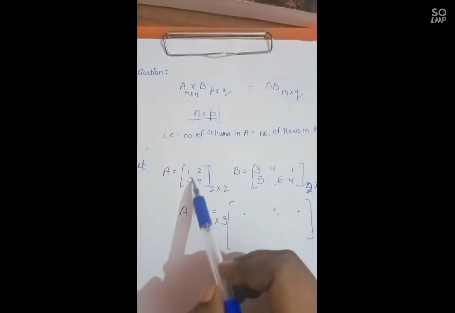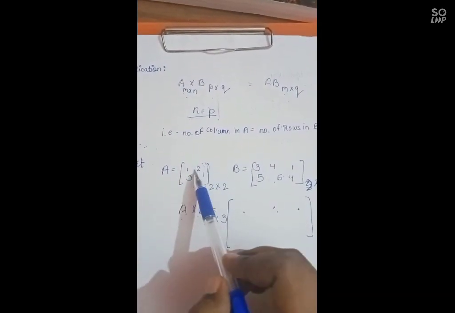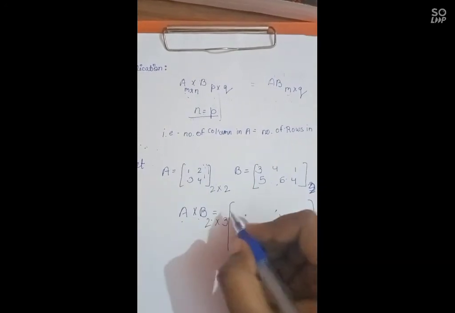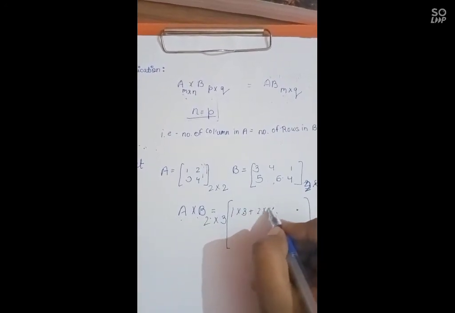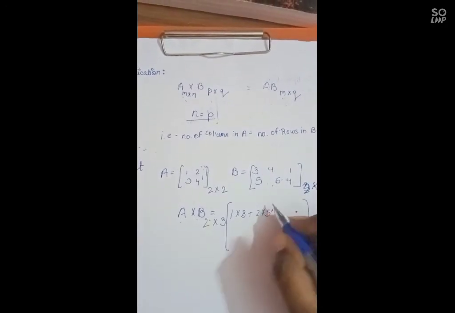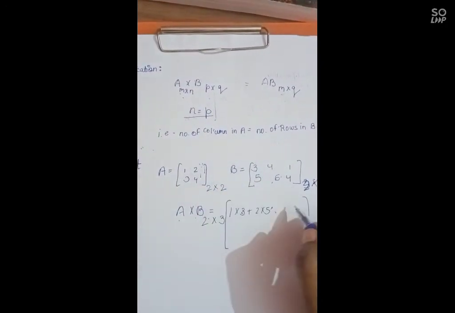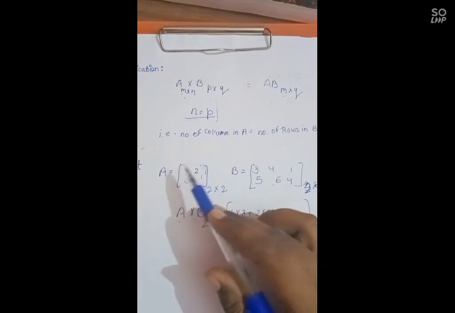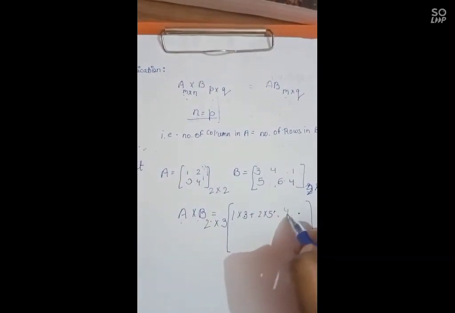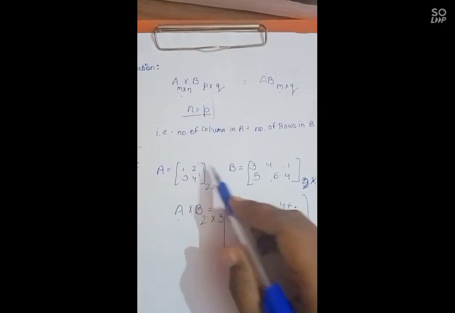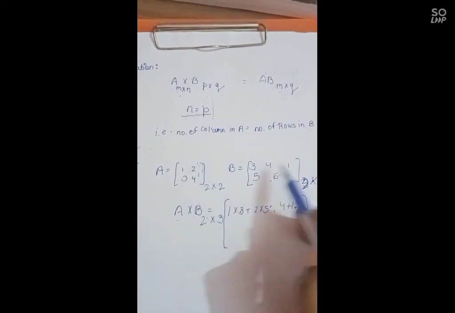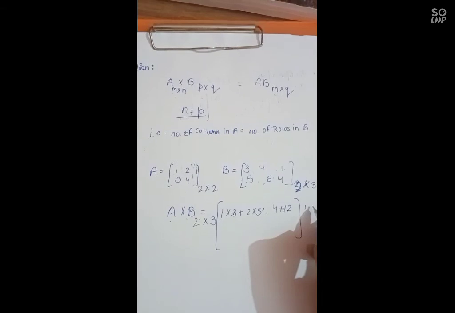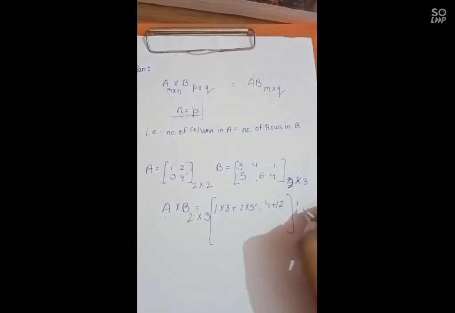First we multiply the first row by the first column, then we get the first element. So 1 into 3 plus 2 into 5 gives the first element. And then 1 into 4 plus 2 into 6 is 12. Similarly 1 into 1, 1, plus 2 into 4, 8.